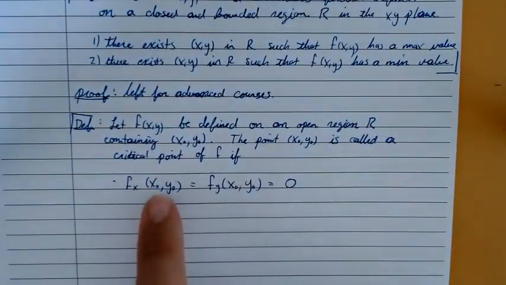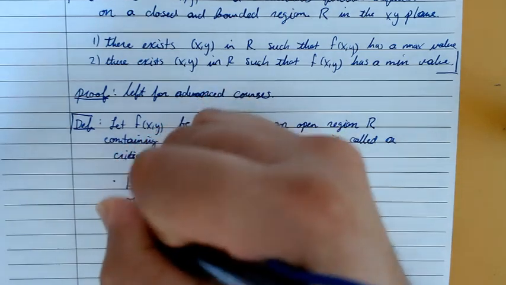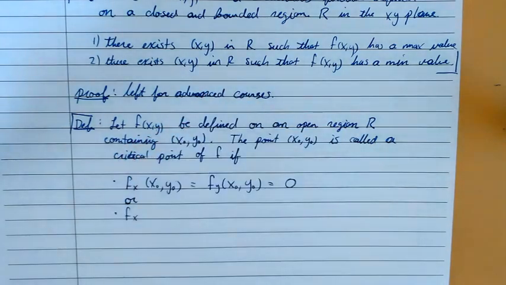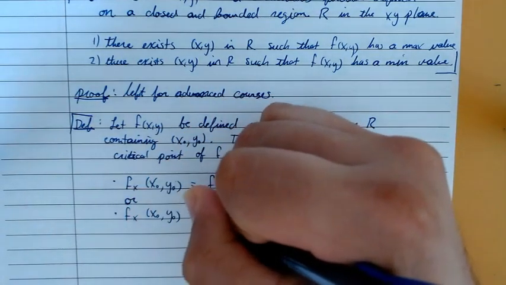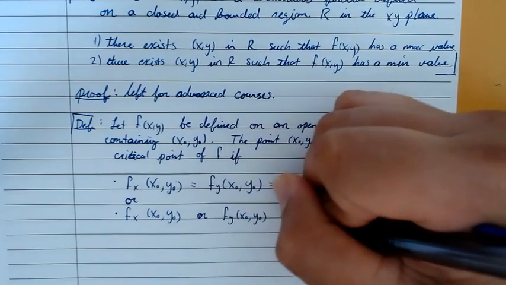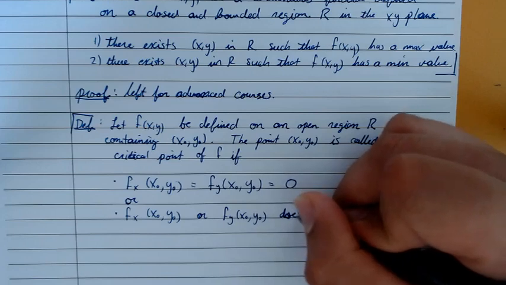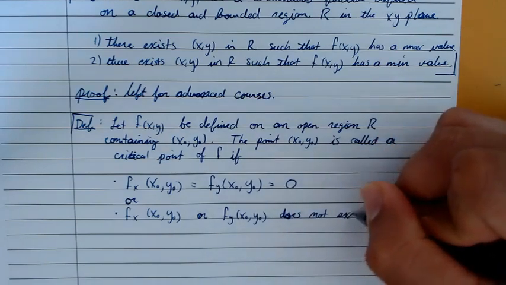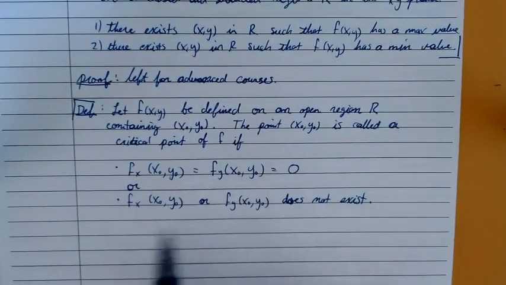So it's called a critical point if the two partials are equal to 0, or if either partial is undefined, let's say does not exist. So either they're both 0 or at least one is undefined. They don't both have to be undefined, but at least one. But if you're going this route, they both have to be 0.